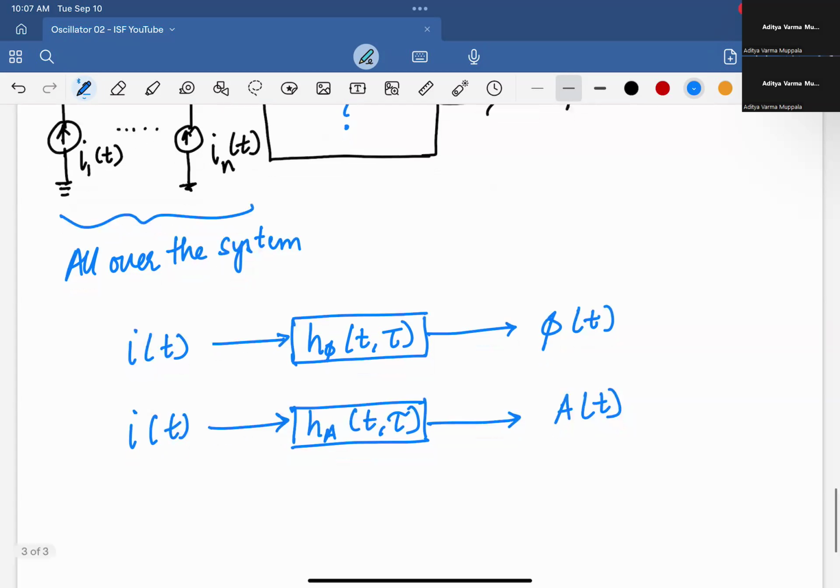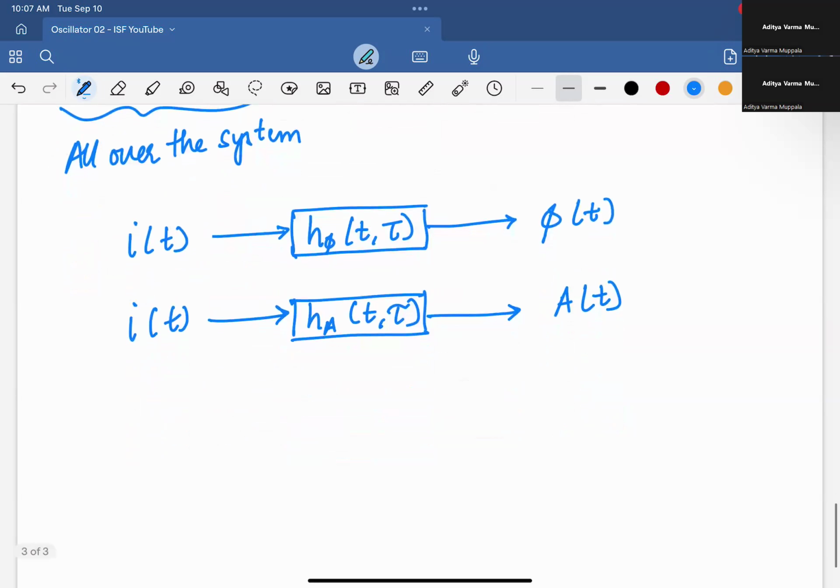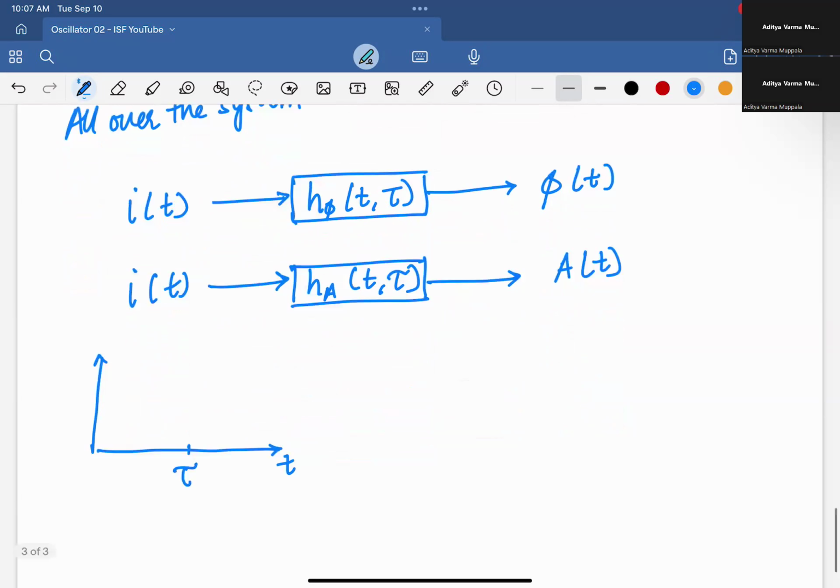Okay. What is tau here? Let's take a quick example. Let's say my I(t) is an impulse, right? If it is an impulse, then on the right-hand side, we should get what is called the impulse response.